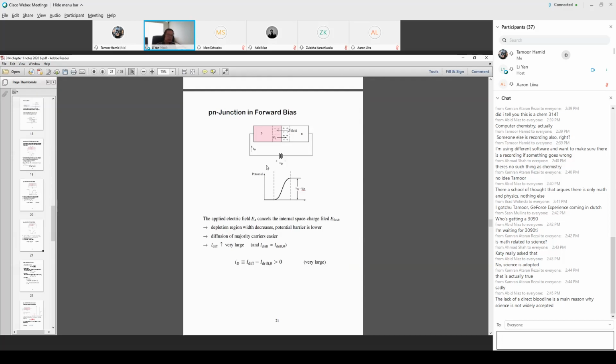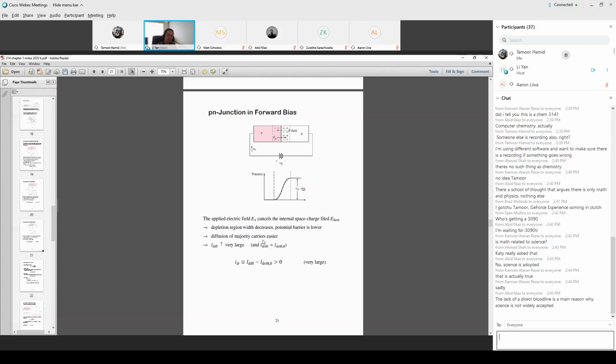Corresponding to this power supply, the applied field E_A points in this direction, which is opposite to the internal field created by the diffusion. These two fields tend to cancel each other and make the potential barrier lower. As you lower the potential barrier, diffusion becomes easier.